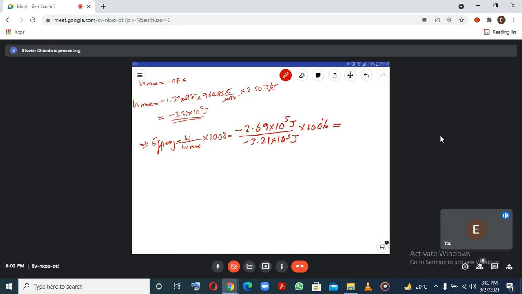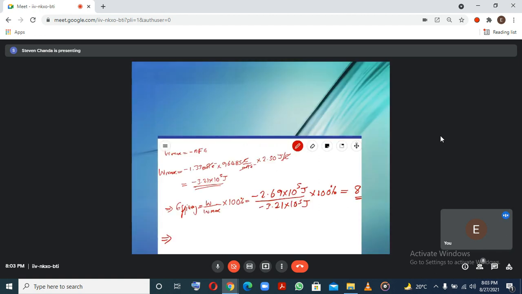Then what we are going to have is 83.8%. So you see that the efficiency of this cell we are looking at is not really bad. I think it's fair.